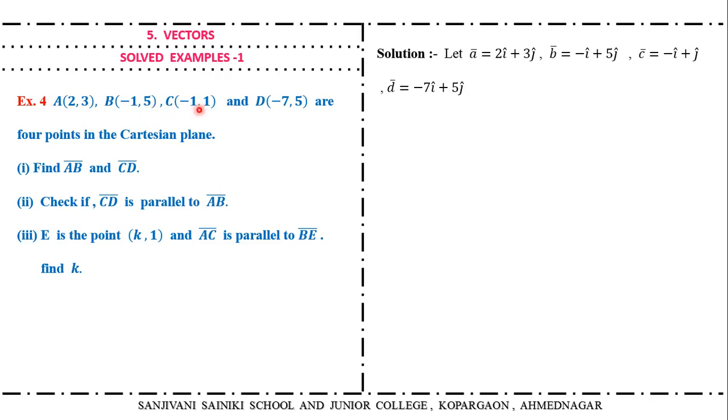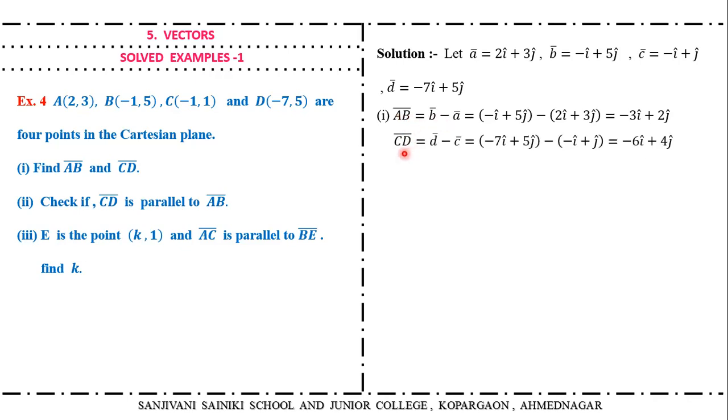C bar is minus i plus j. D bar is minus 7i plus 5j. So these are the position vectors of the given 4 points. Now we want to find AB bar. AB bar is B bar minus A bar, position vector of the second point minus position vector of the first point. Similarly, we can find CD bar, position vector of D minus position vector of C.